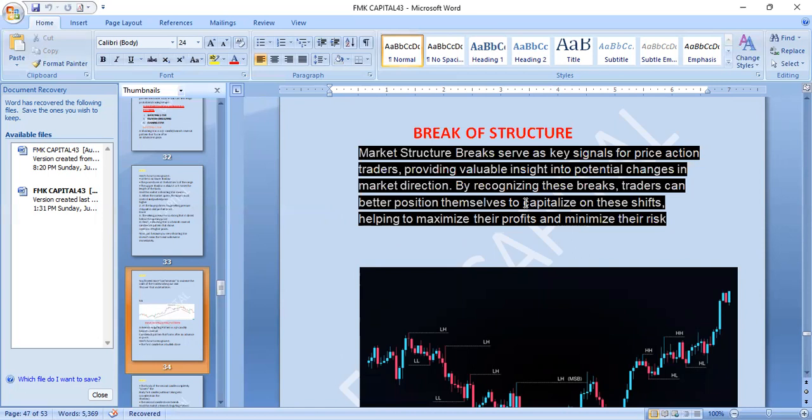Break of structure. Market breaks serve as a key signal for price action traders, providing valuable insight into potential change in the market direction. By identifying those breaks, traders can better position themselves to capitalize on those shifts, helping to maximize their profit and minimize their risks.